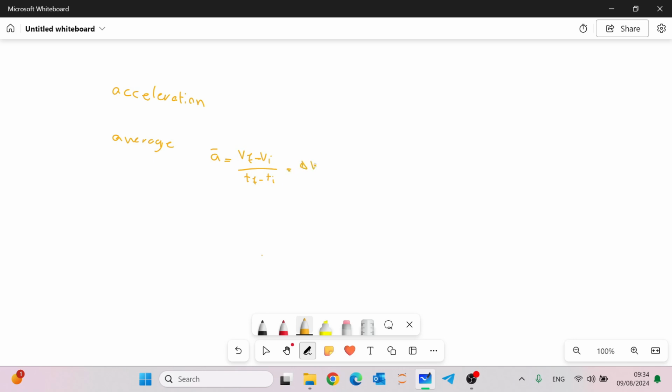So it is delta V over delta T. And we also have instant acceleration. I want to show it with A, just A. And again, I want to reduce the time interval. Limit of delta V over delta T as delta T goes to 0. And it equals dV over dt.